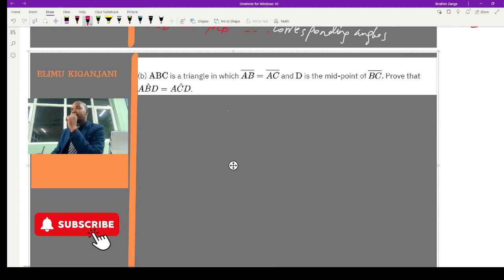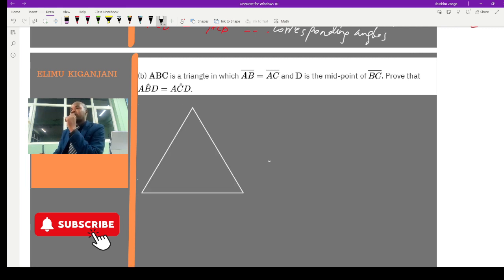So I'll be sketching a simple triangle, and this is triangle ABC. I'm going to introduce another triangle. So this is the triangle.